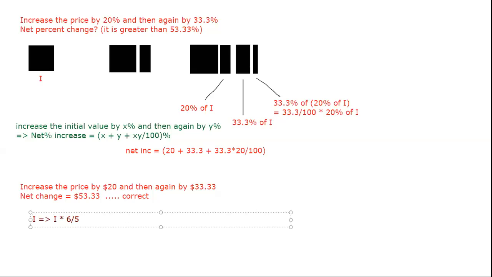So 1 plus 1/5 is 6/5. Now on this, you are going to have a 33.33% increase. That's 1/3 increase. So it will be I times 6/5, and with that you multiply 4/3. So what do you eventually end up getting? 6/5 times 4/3. So that's 8/5.